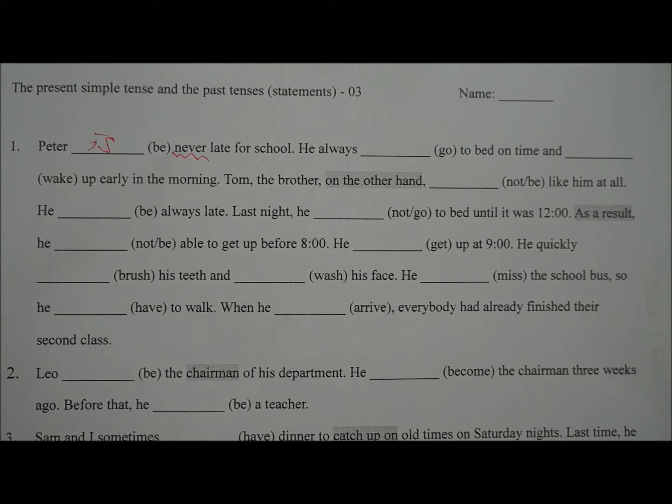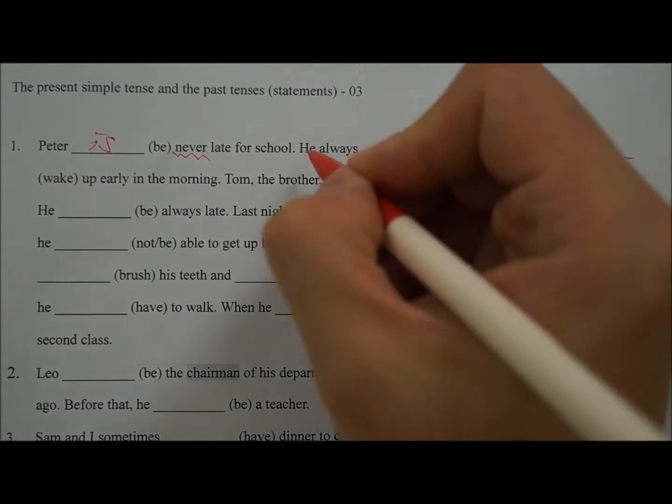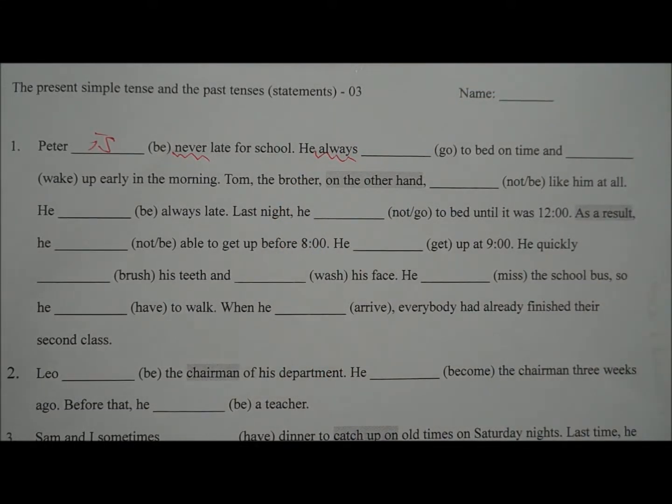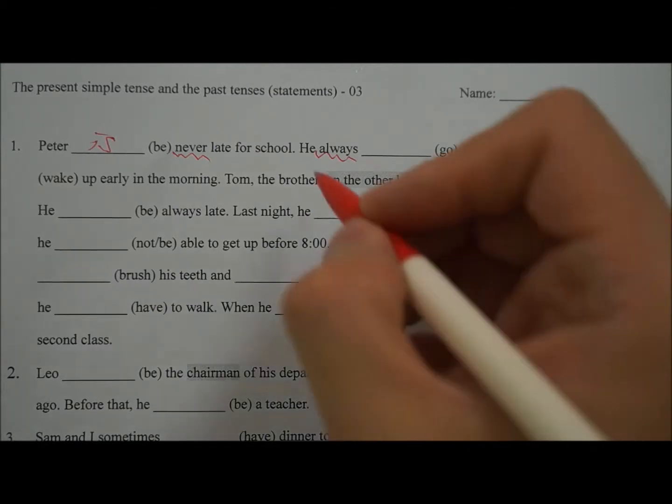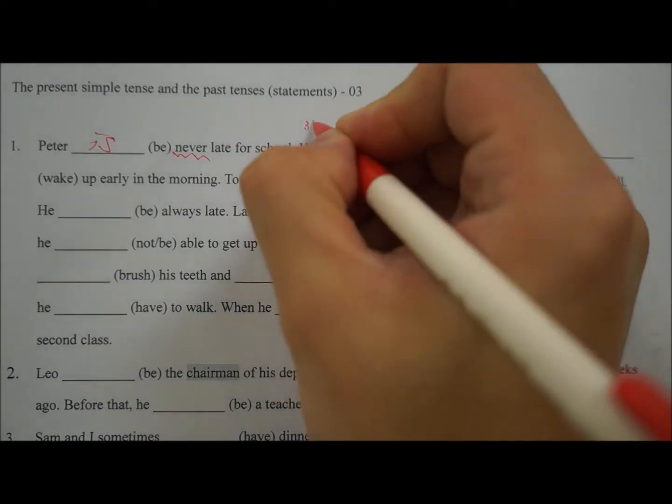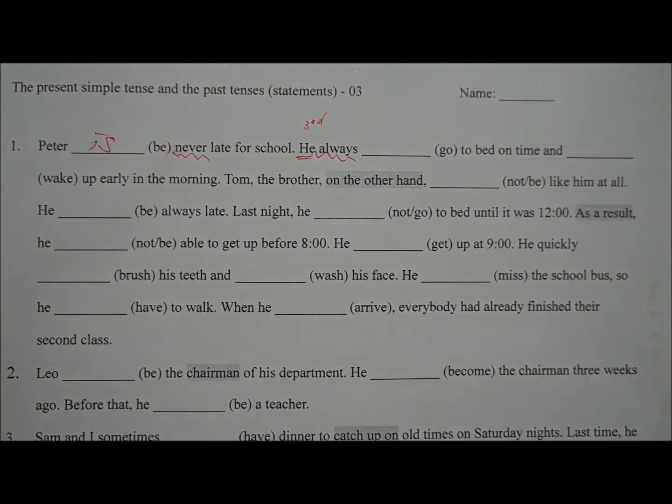He always ___ to bed on time and ___ up early in the morning. Now the time marker for the second sentence is the word always. When we see that, we know that it's Peter's habit. Talking about habits, we use the present simple tense. But look, Peter is a third person singular pronoun.